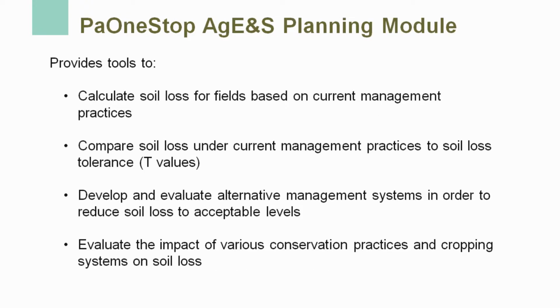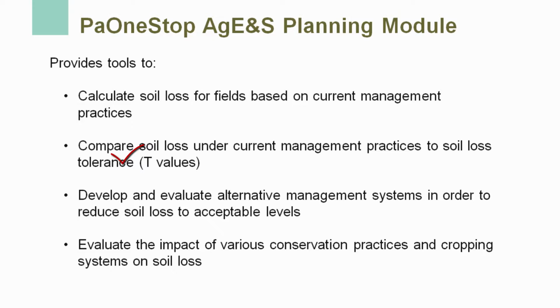PaOneStop provides several tools to help make this planning process easier for farmers. The very first thing it does, and most importantly, is it calculates soil loss for each field based upon the current management practices in place for that field. Soil losses under current management practices can then be compared to the soil loss tolerance values. If the soil loss under current management is less than or equal to the T value, no changes may be needed for that farm.